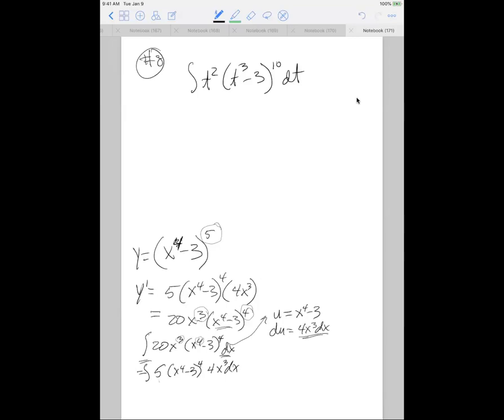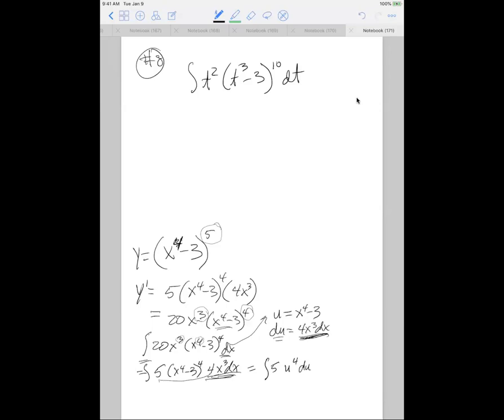This is the same thing. That's the 20. But now we've got this 4x cubed here. That's our du. So now when we do the substitution, we can rewrite this as the integral of 5, plug in the u we had there, u to the fourth, and this becomes our du.